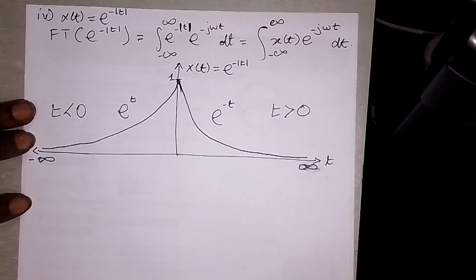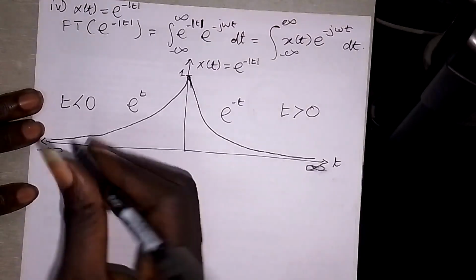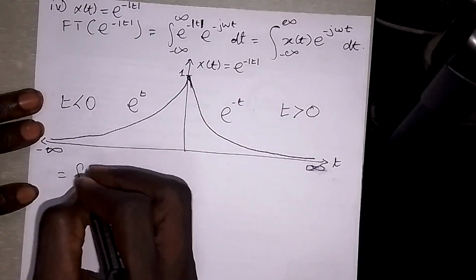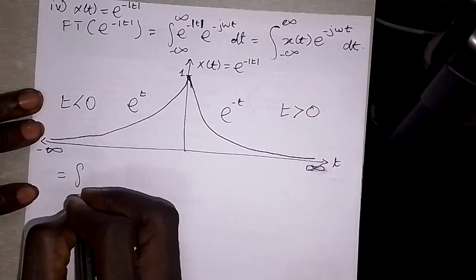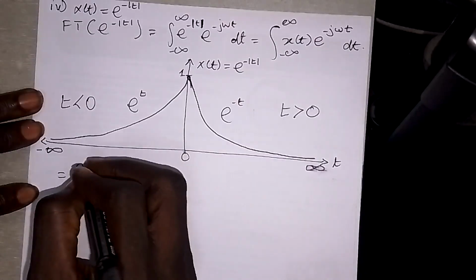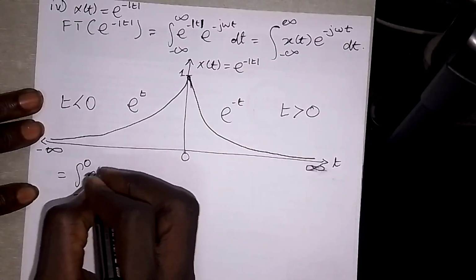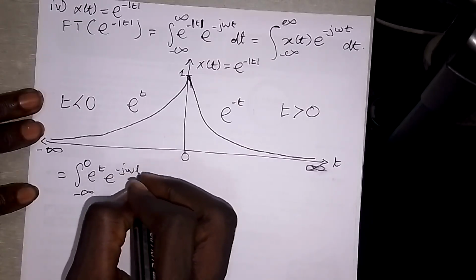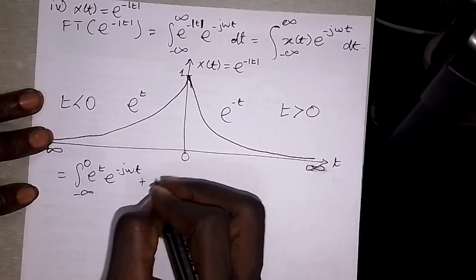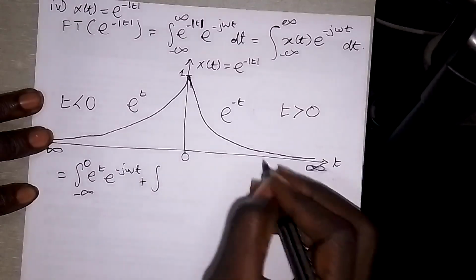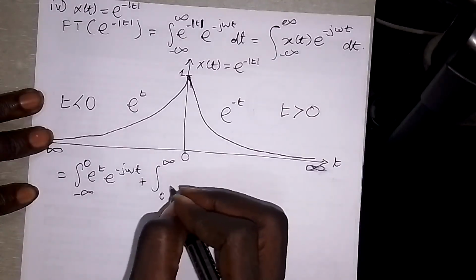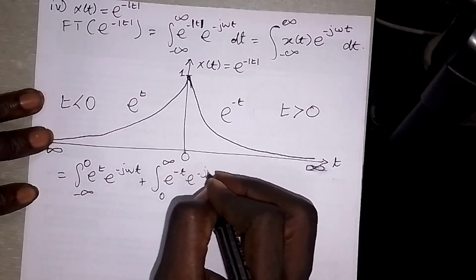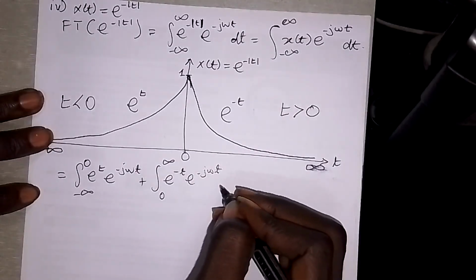Now that means I'm going to have my Fourier transform as the integral from minus infinity to 0 of e to the t into e to the minus j omega t, plus the integral from 0 to infinity of e to the minus t into e to the minus j omega t.